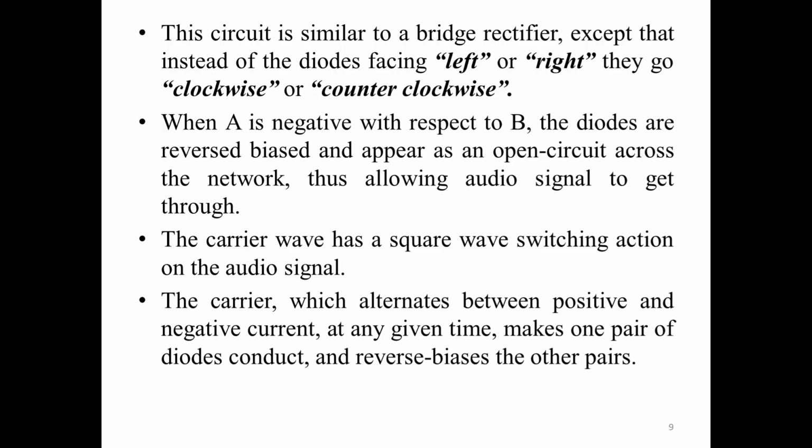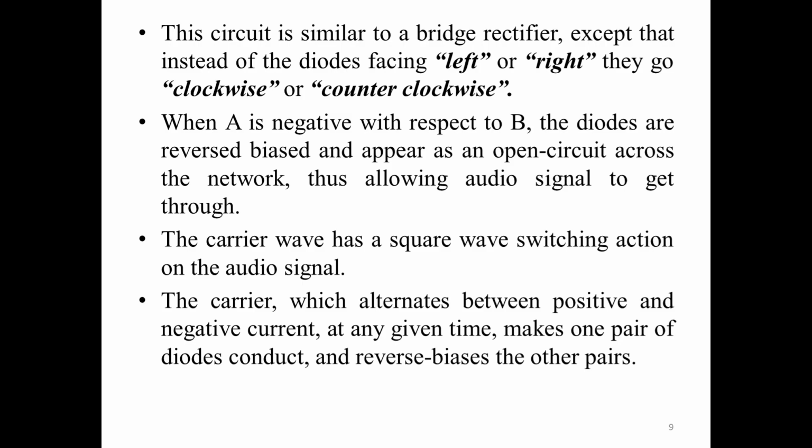This circuit is similar to a bridge rectifier, except that instead of the diodes facing left or right, they go clockwise or counterclockwise. When A is negative with respect to B, the diodes are reverse biased and appear as an open circuit across the network, thus allowing the audio signal to get through.